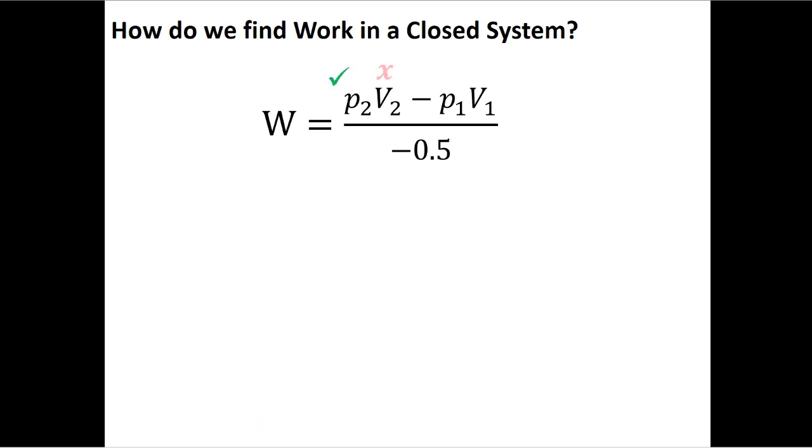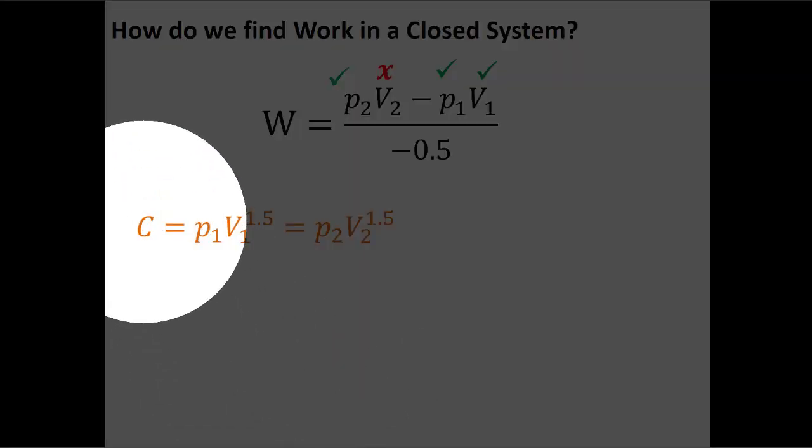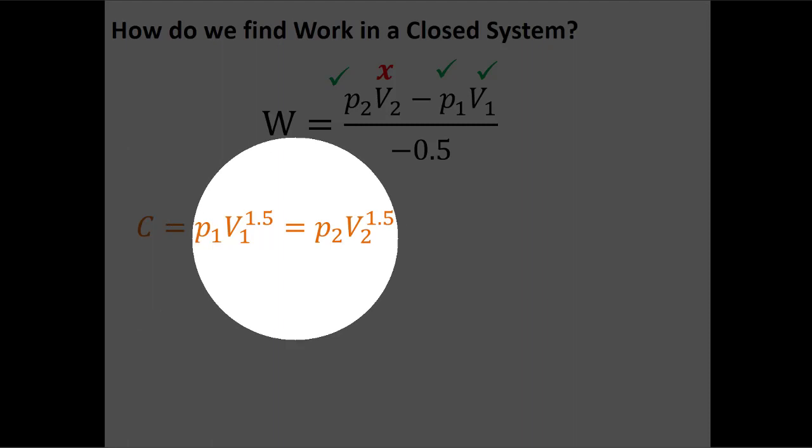I know P2, I don't know V2, I do know P1, and I know V1. So I need to be able to find V2. Again, I'm going to use the relationship that P V to the power of 1.5 is constant. I don't care what the constant is here, although I could figure it out if I wanted to. I'm going to get a symbolic solution for V2.